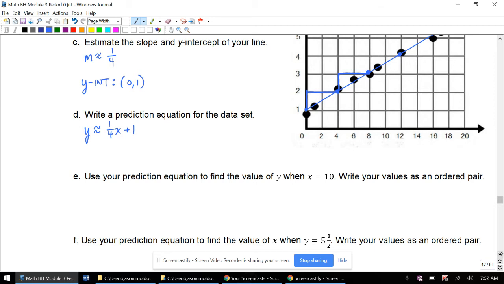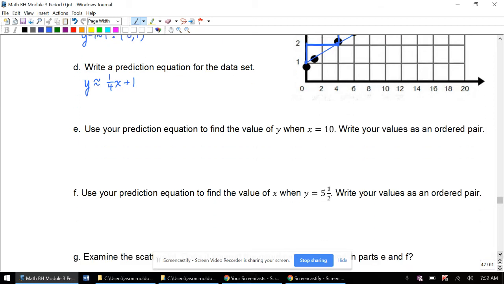All right, next, it states we're going to use this to find the value of y when x is 10. So we're going to plug in 10 and do some number crunching.